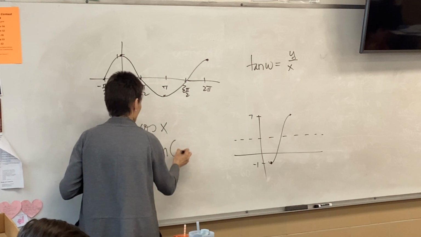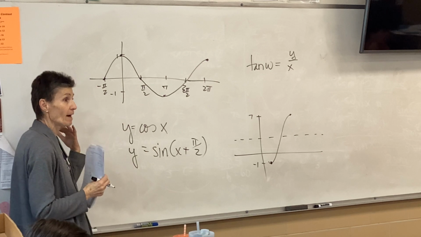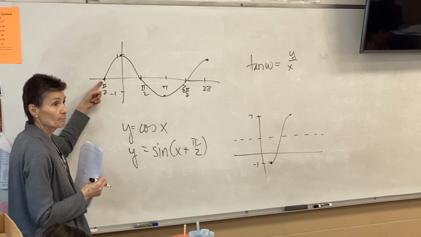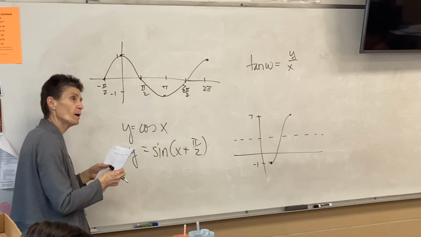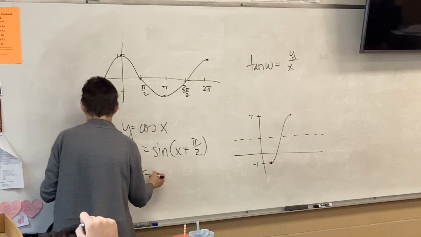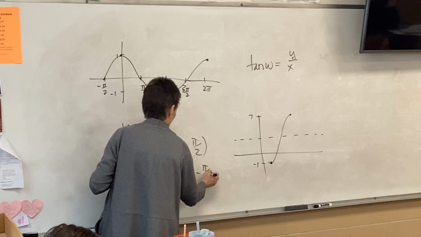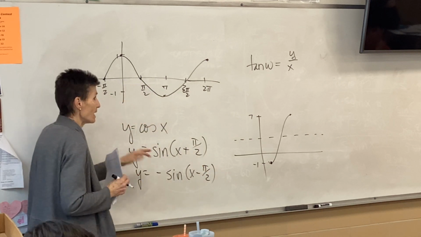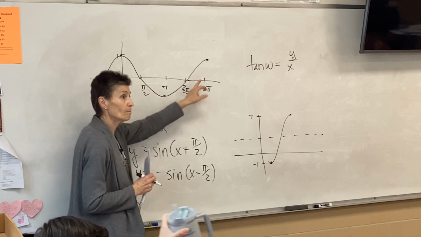The third one is a sine curve that's been phase shifted to the left. Yep, pi over 2. Perfect. Okay, and then which one? The last one. So that's a negative sine curve that's been shifted to the right. Yep, I think you're right.